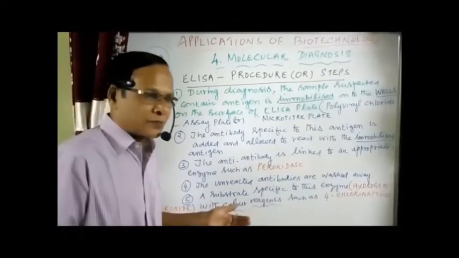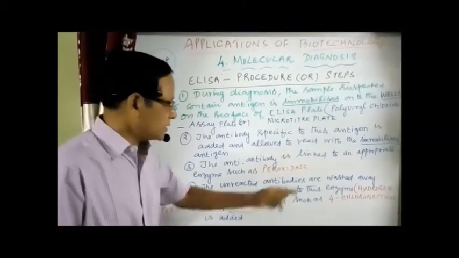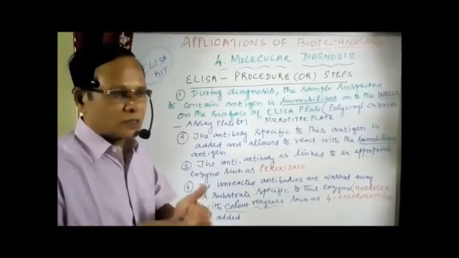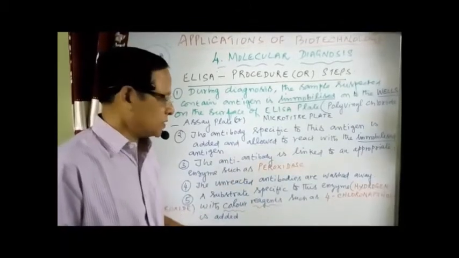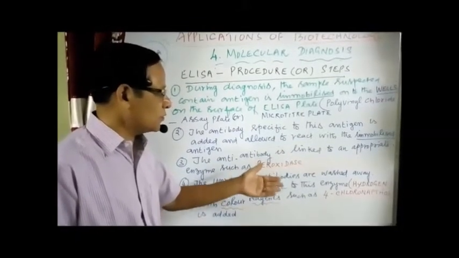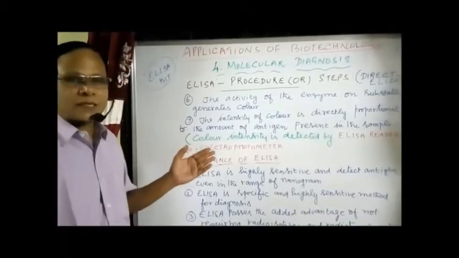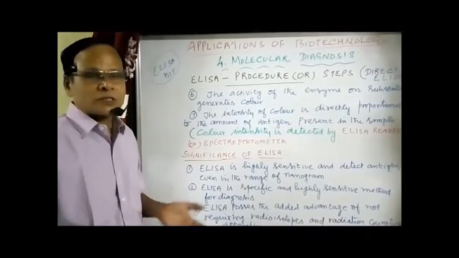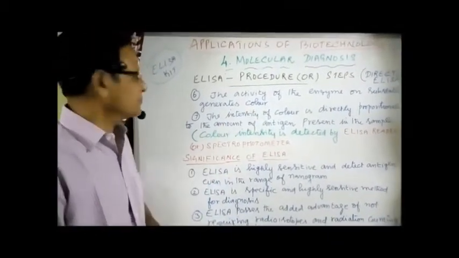We add the substrate catalyzed by the enzyme peroxidase, and that is nothing but hydrogen peroxide. To get the color in that buffer solution, we have to add a color reagent, which is 4-chloronaphthol. The substrate is catalyzed by the enzyme, here peroxidase, resulting in generation of color.